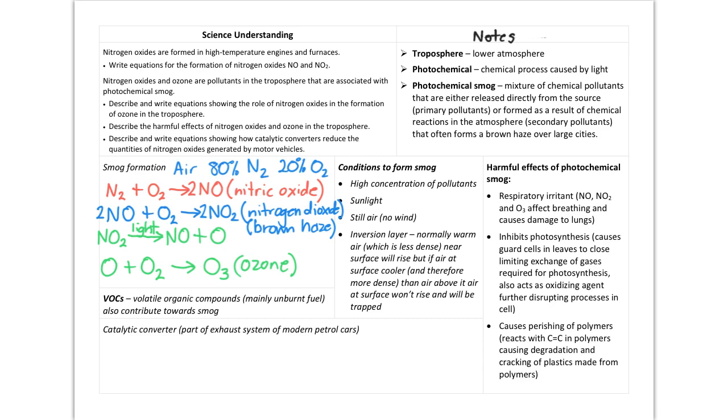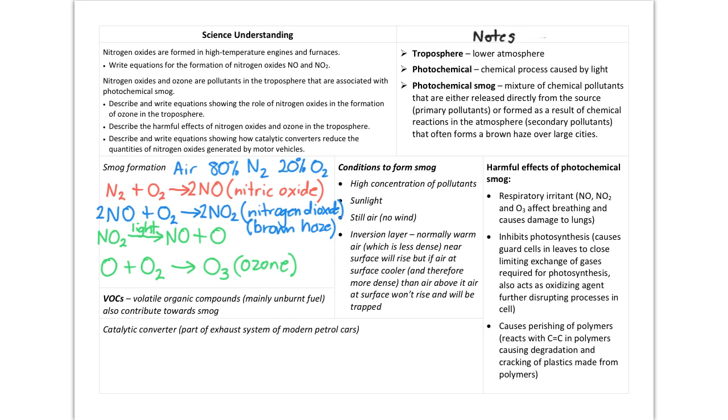So that's the third major component of our photochemical smog, and that's also a secondary pollutant. So firstly we form the nitric oxide, then we form the nitrogen dioxide, and then that nitrogen dioxide leads to the formation of ozone.